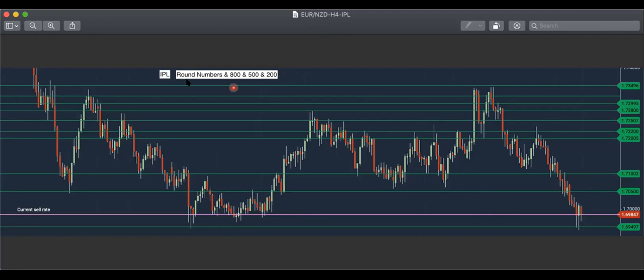So as I said, the IPLs are these levels, and as per our color code for the IPL, we are using the horizontal green line. So a green horizontal line is considered to be an IPL. Don't pay attention if these numbers are not exactly accurate, but it's almost at the same level that we know it has to be.